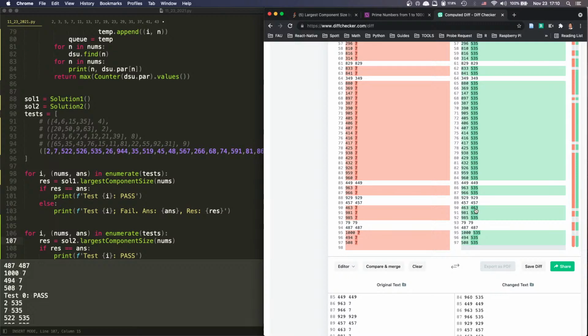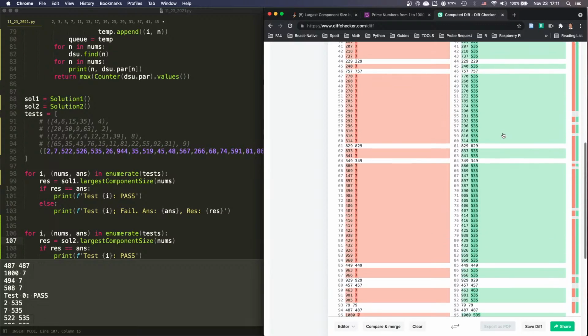This one, 463. 463 divided by, well, it cannot be divided by 7. Why can you be grouped with 7? We had 535.